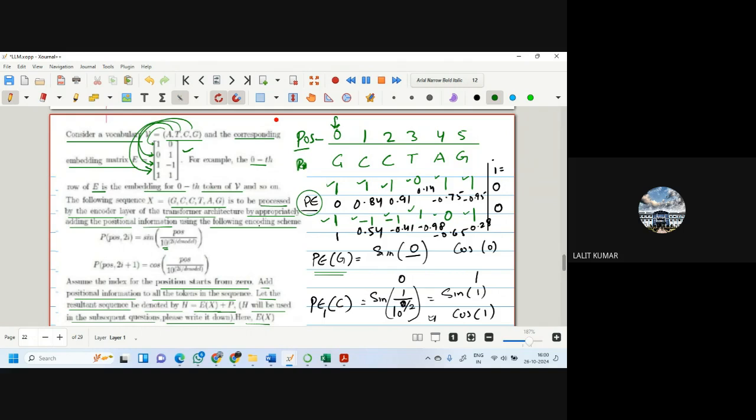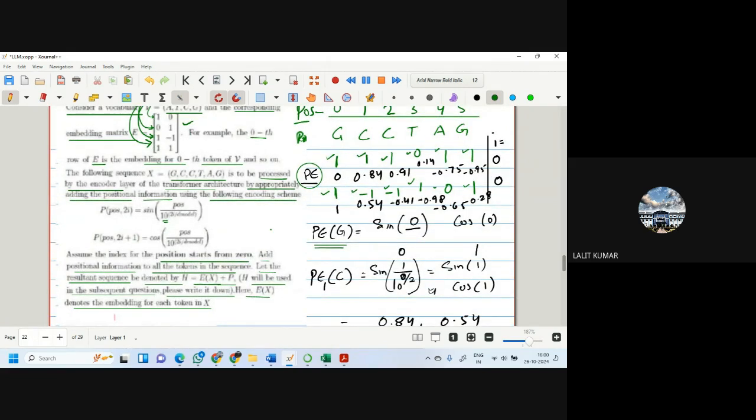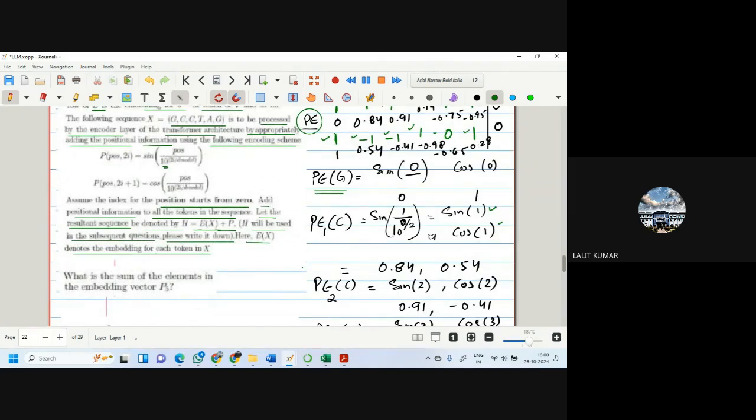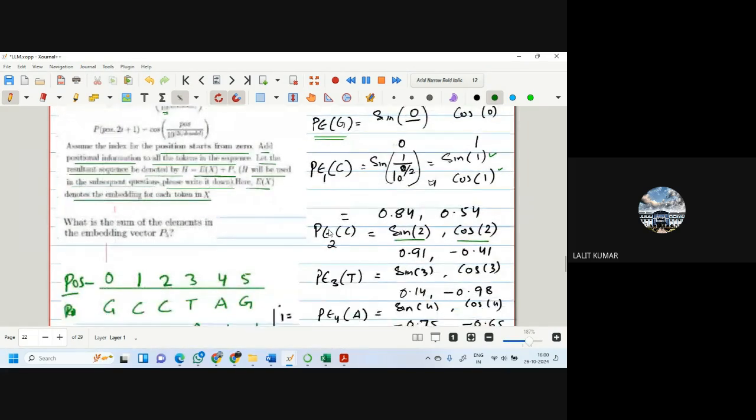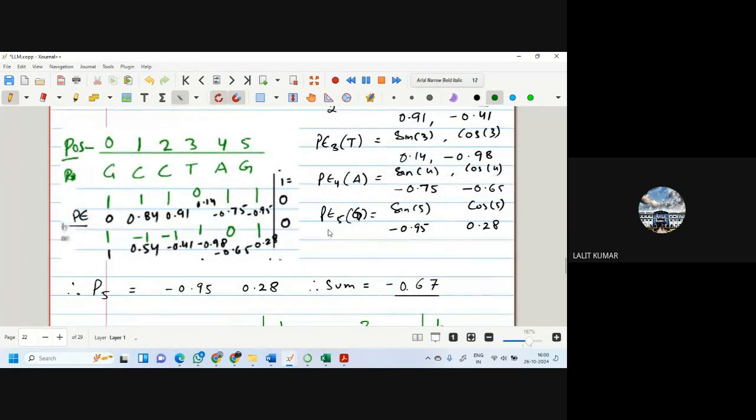So this becomes 0 and 1. For P of C, C is at position 1, so it becomes sine of 1, 10 to the power 0 because i remains 0 for all. So it becomes sine 1, cos 1, and we keep on writing. Similarly, P of the second C, position 2, sine 2 and cos 2. This is how we calculate the H value.